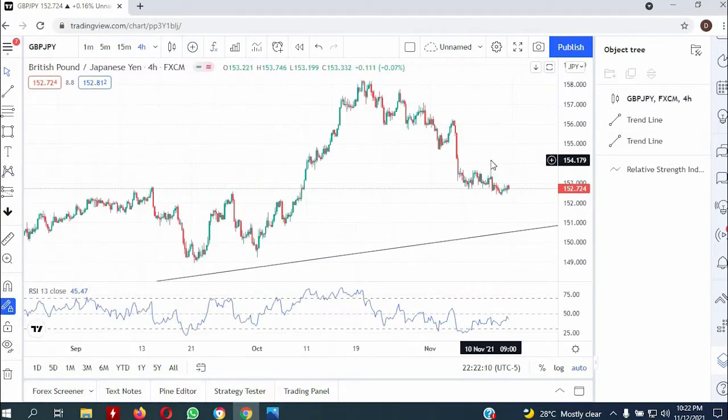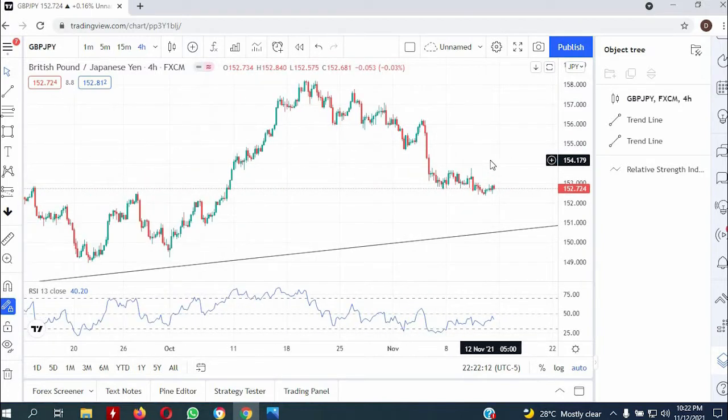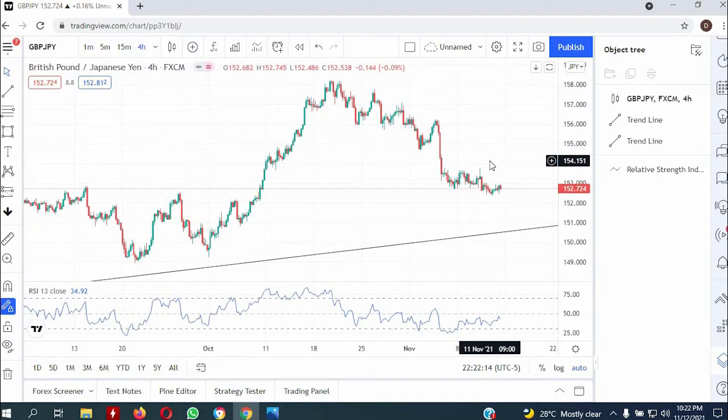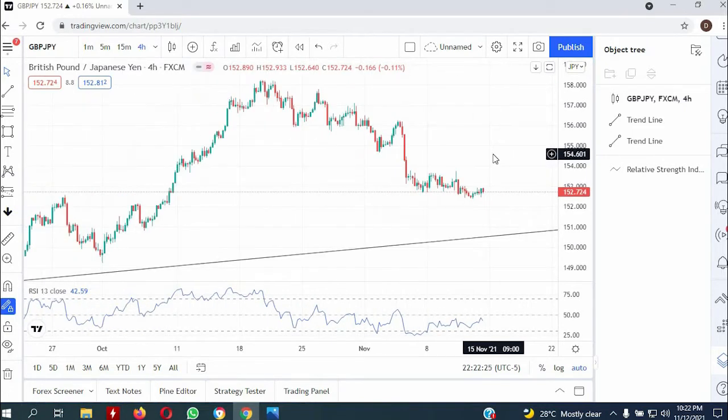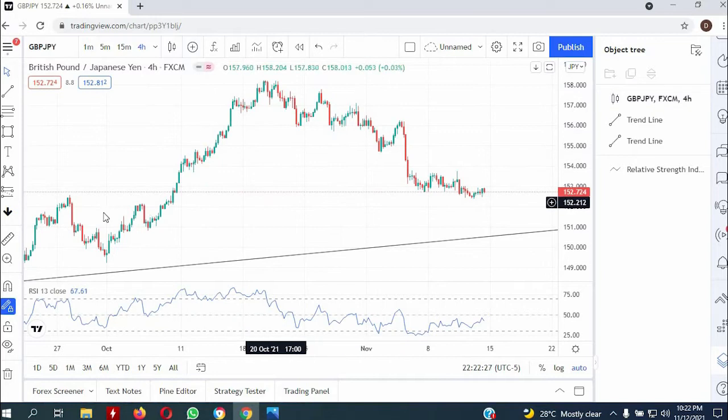We already identified that the structural time frames, the daily and the weekly, are bullish.